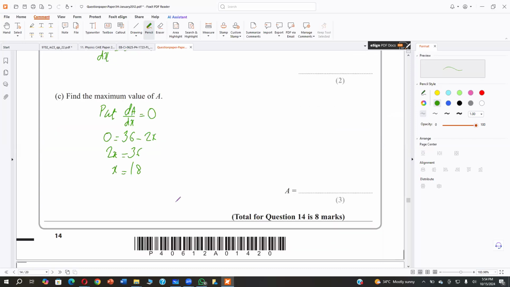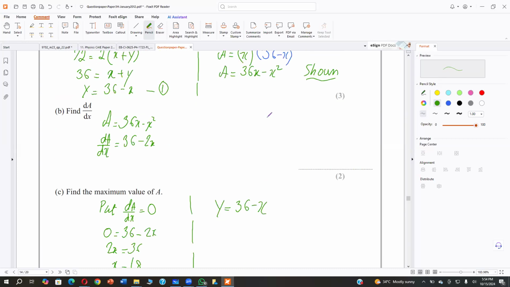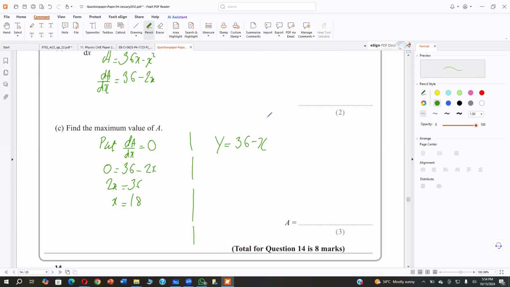So we got X is equal to 18, so we can also get the value of Y. So Y is also coming 18.